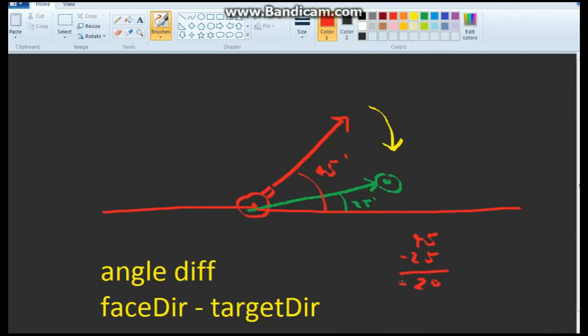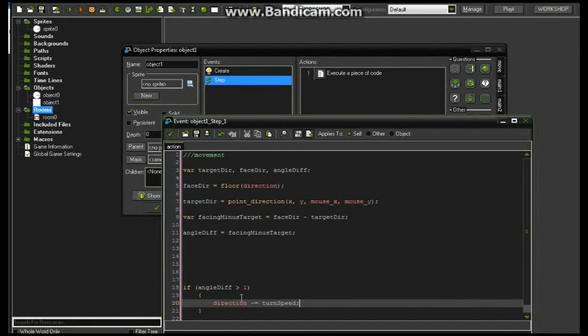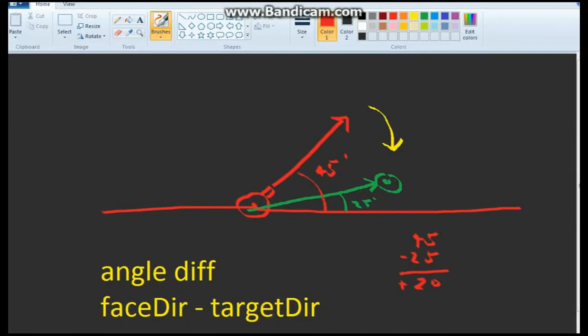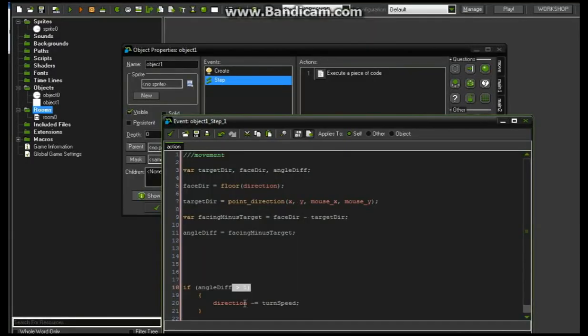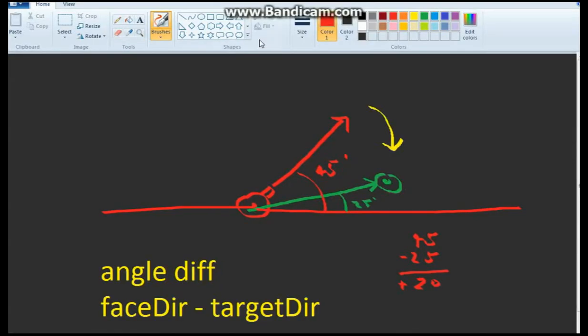So if the number comes back greater than 1, if it's a positive number, we're going to subtract from our facing direction, our current direction. This is what happens when you subtract. Since we want to rotate clockwise, we have to subtract from our 45 so that we can match the 25.